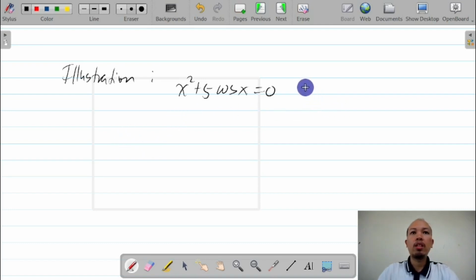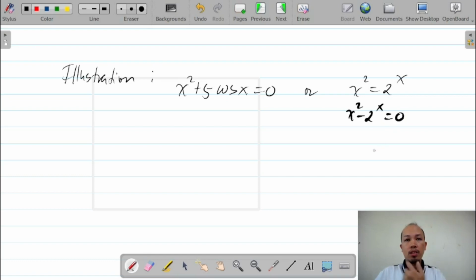Or if you have, for example, this equation, x squared is equal to 2 to the x, you cannot solve this kind of equation in algebra and trigonometry. So if you try to solve x squared minus 2 to the x is equal to 0, how will you try to solve for x?